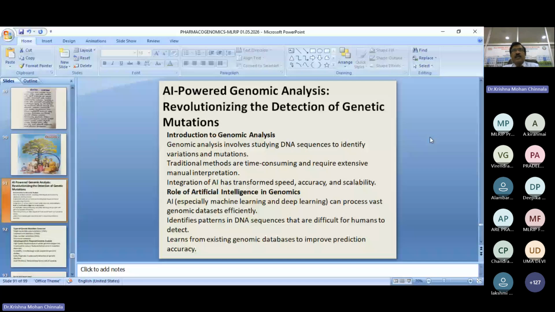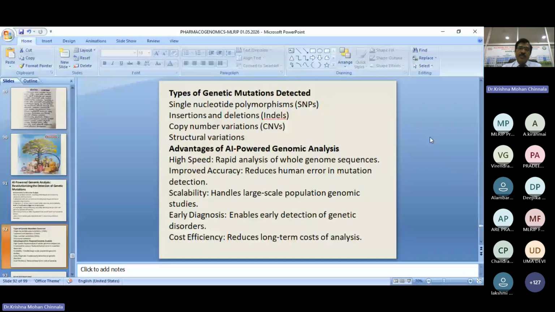Otherwise, if your gene picture is not accurate, you may not get effective treatment. Types of genetic mutations detected: single nucleotide polymorphisms, insertions, deletions, copy number variations, and structural variations. All we already discussed. It is possible with AI. That's what I want to say here.